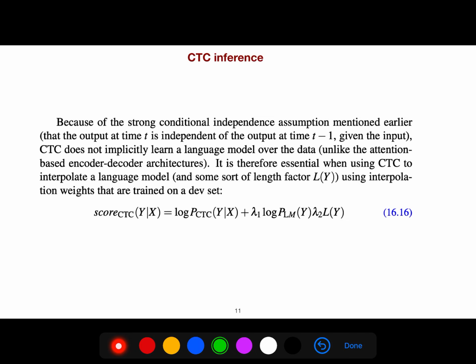So we are trying to reduce our problem of conditional independence, where we ignore many things. We try to reduce that problem with a language model. And this is the weight that shows how important the language model is. If lambda is high, it means that you care a lot about the language model, and the CTC loss is not as important relative to the language model.